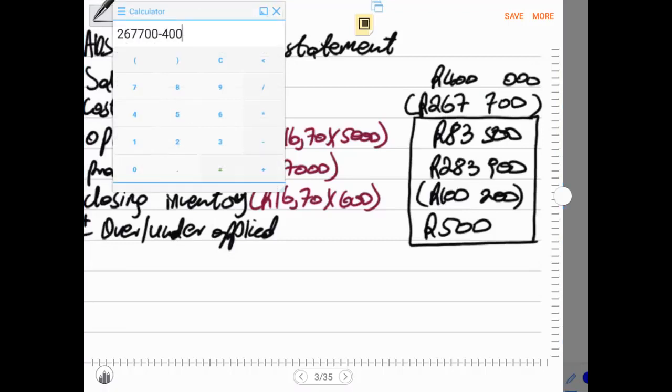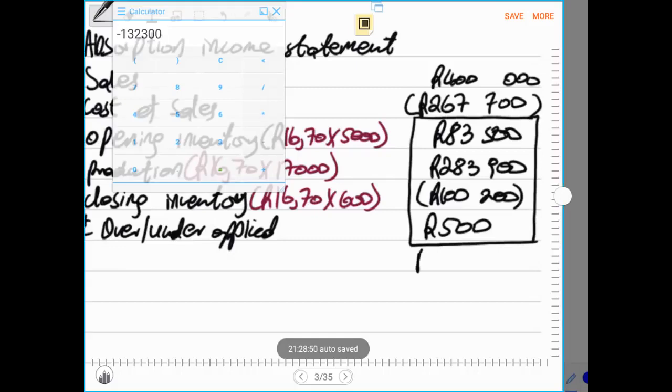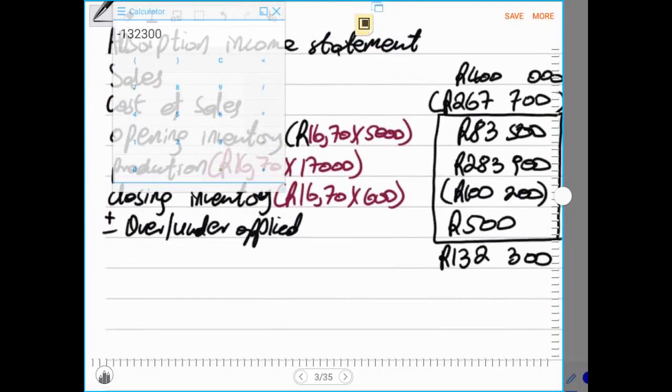And we have to subtract this from the 400,000, and this will give us 132,300. This will be gross profit.